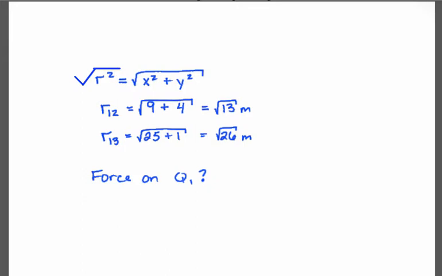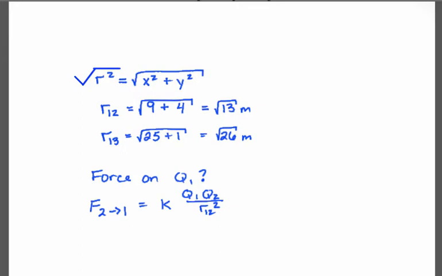So, we'll start off with what force charge 2 is doing to charge 1. So again, I pull out Coulomb's law. The force of 2 on charge 1 is K times the magnitude of the charges over the distance squared.